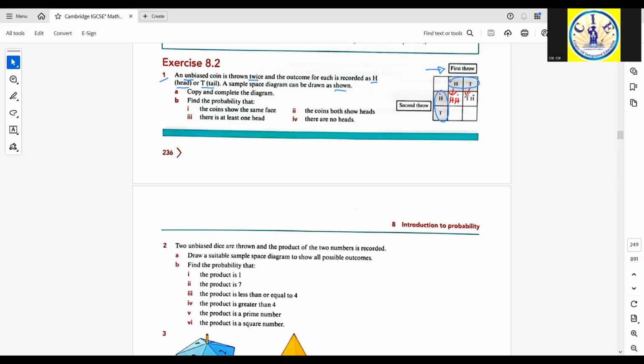Okay, for this box of the matrix, from the first row we are going to have head, and from the second we are going to get a tail, and this is to get a tail from both of them, tail from the first and then tail from the second. So this is how we had to complete the sample space diagram.